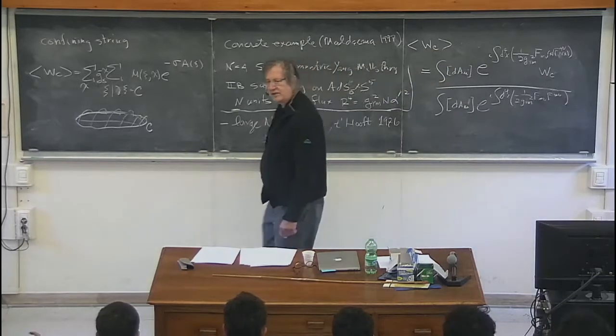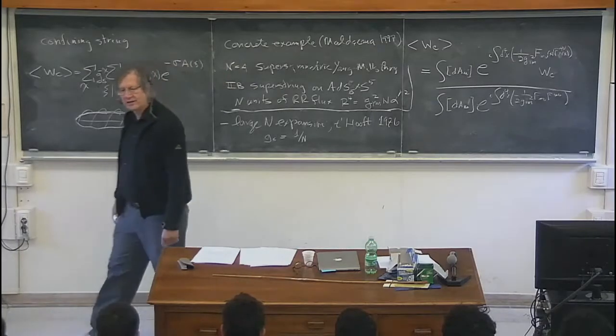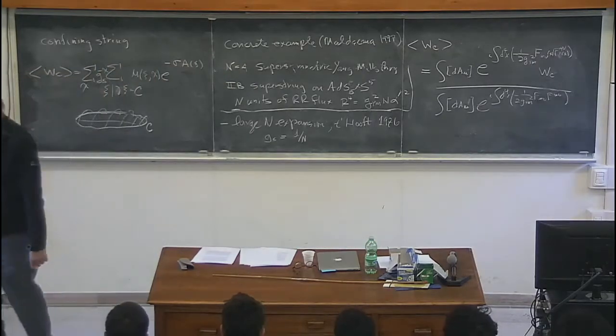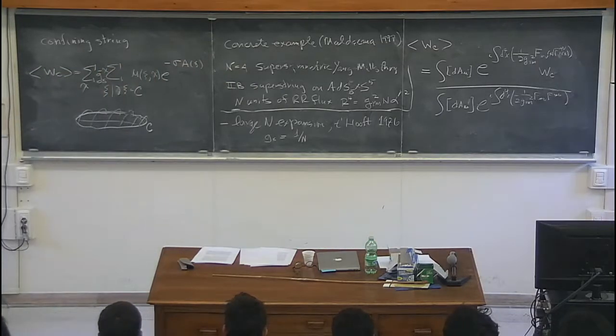To compute in string theory, of course, that's a tall order. I'm given a string theory, I'm supposed to calculate something. Well, calculating almost anything is a hard problem. It's only really tractable in some limit where the string theory is solvable. And just like field theories, that limit tends to be a semi-classical limit of some kind.